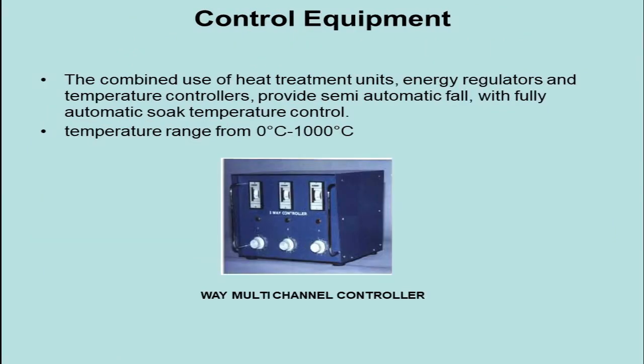Control equipment. The combined use of heat treatment units, energy regulators, and temperature controllers provides semi-automatic fall, with fully automatic soak temperature control. Temperature range from 0 degrees centigrade to 1000 degrees centigrade.